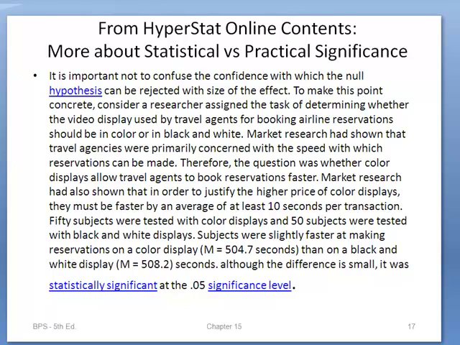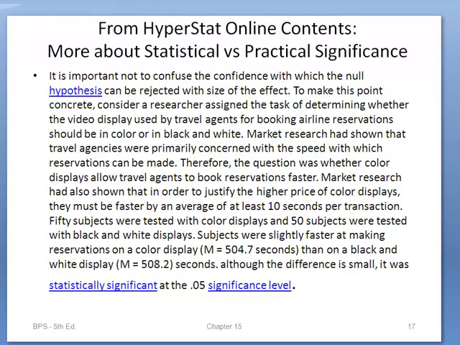Now, although the difference is small, it was statistically significant at a 0.05 significance level. But practically, that less than 4 seconds that you have an advantage on, was that practically significant? Well, they had already determined that it had to be at least 10 seconds per transaction. So although statistically significant, yes, color monitors did show that a travel agent could make reservations faster.